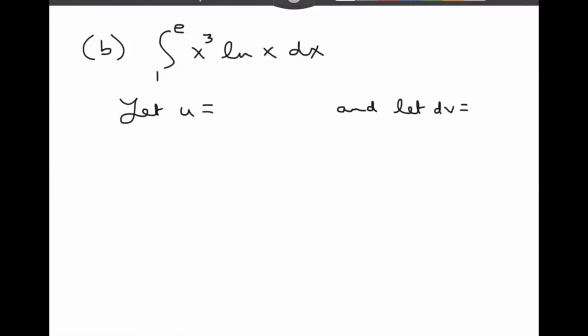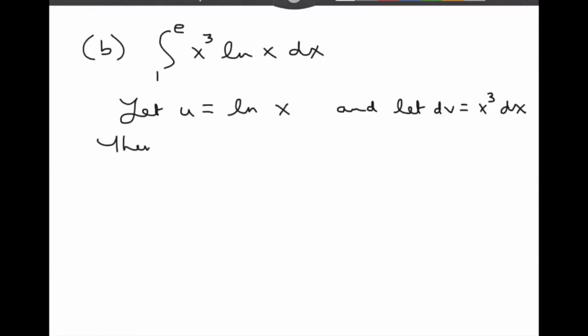So I have no choice but to make dv x cubed dx. Now, unfortunately, that is going to get a little more complicated when I integrate it, but the good news is that with natural log x, something really good is going to happen.